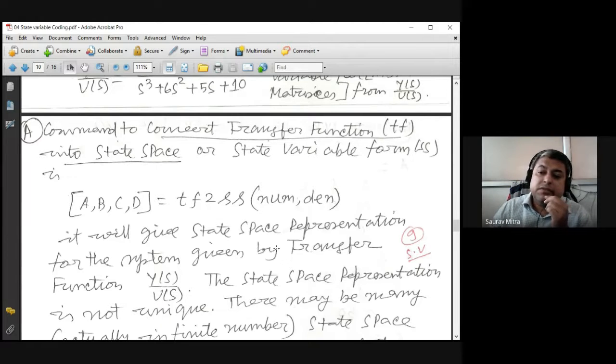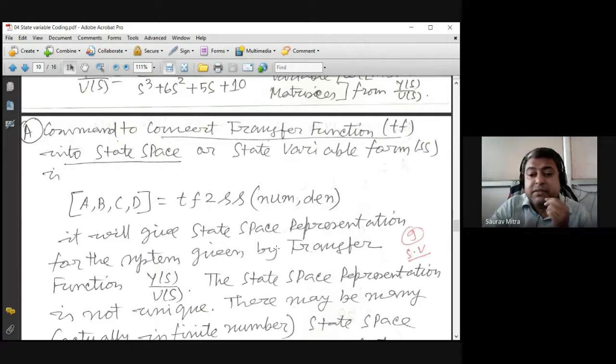So you can find the equation of q1 dot, q2 dot and q3 dot, and you will be finding the state variable equations. Then you have to write q1 dot, q2 dot, q3 dot in vector form equal to the A matrix times q1, q2, q3 plus the B matrix times u(t). If there is only one input, then this B matrix is going to be 3 cross 1, because in this case there are 3 state variables.